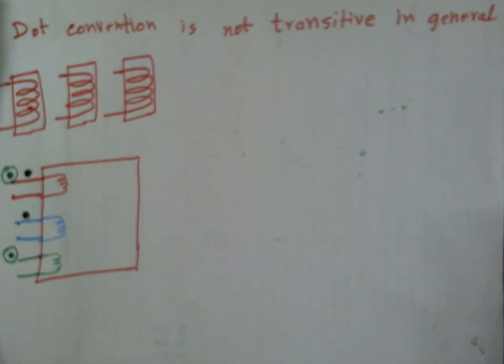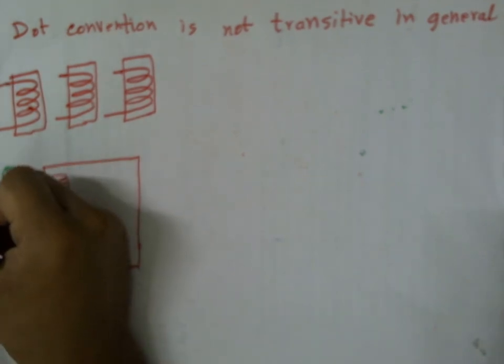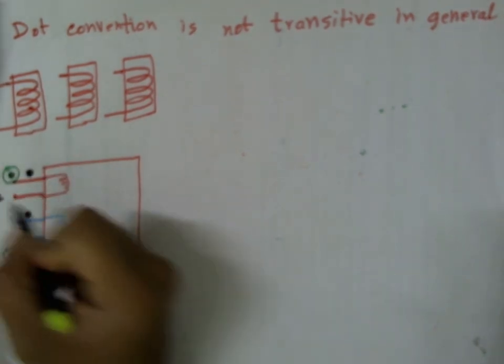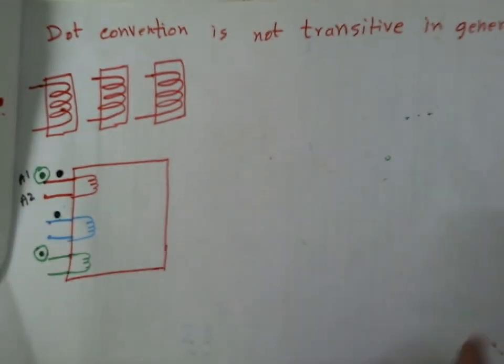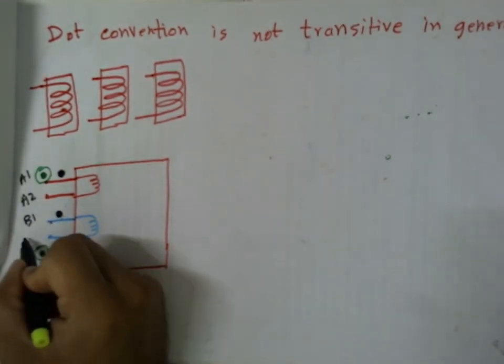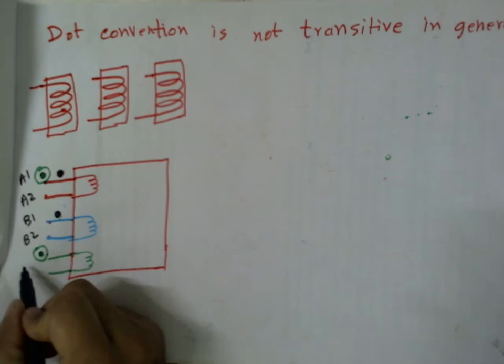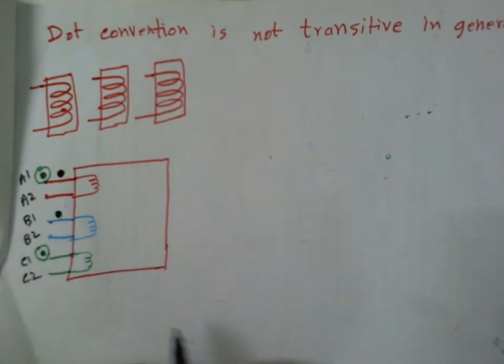In other words, let me name them A1, A2, B1, B2, C1, C2.